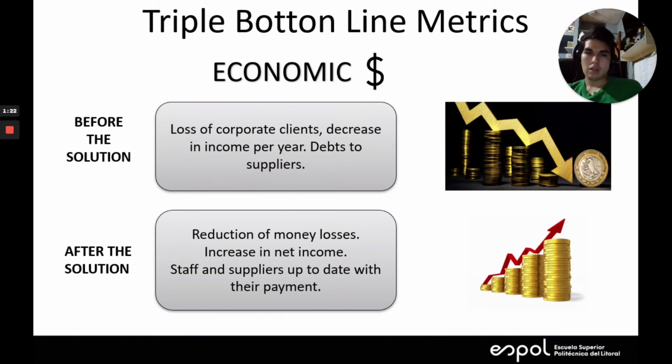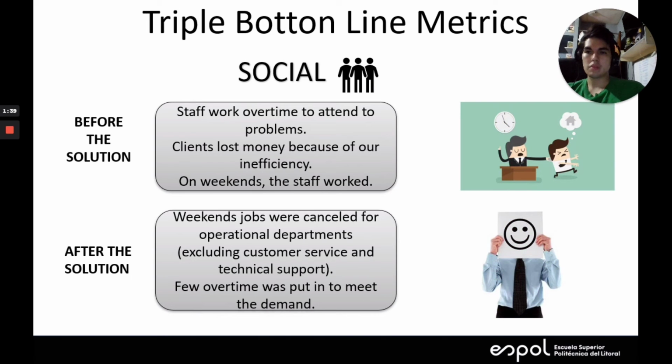So we have different bottom line metrics. The economic: before the solution there was loss of corporate clients, decrease of income per year, and debts to suppliers. After the solution, we reduced the money losses, increased the net income, and suppliers are up to date with the payment. And also the social: before the solution, staff worked overtime, clients left because of our inefficiency, and the staff worked on weekends.